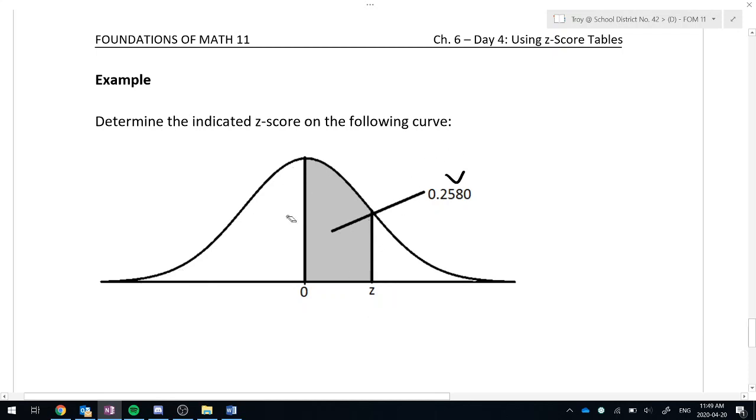Well, we know that this z equals 0, this is the mean, the median, and the mode. That cuts the curve exactly in half. It's exactly in the middle. So we know that this side is exactly 50%.